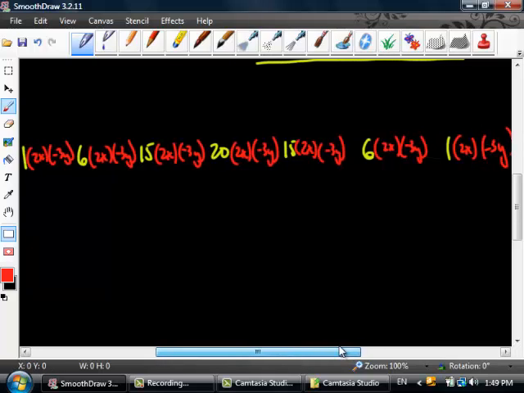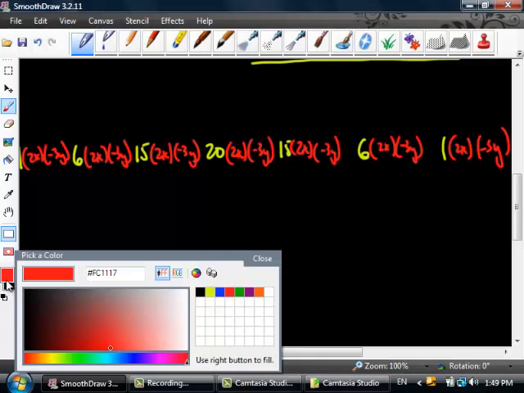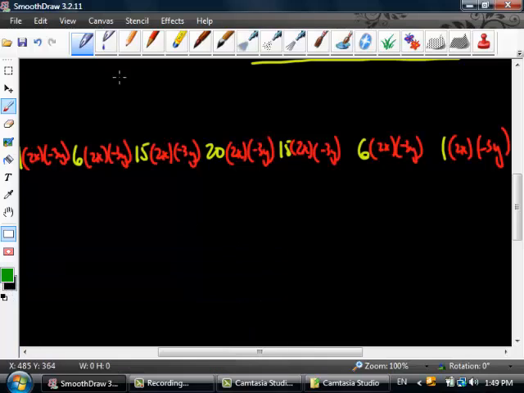Okay. From here, I need to break out my relish. So the original problem was 2x minus 3y to the 6th. I'm going to start my first term here, my 2x, at the highest exponent.